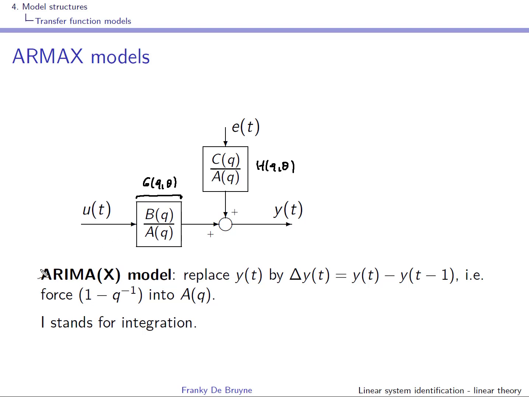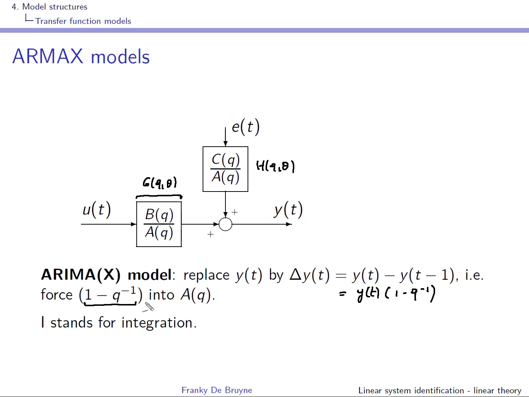You will sometimes encounter what is called an ARIMAX model, and here y(t) is replaced by delta y(t). So this is y(t) minus y(t-1). So you can write it as y(t) times (1 minus q^-1). And you can see that this is forcing an integrator in the system.